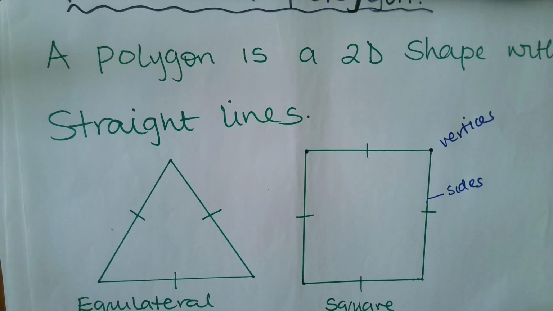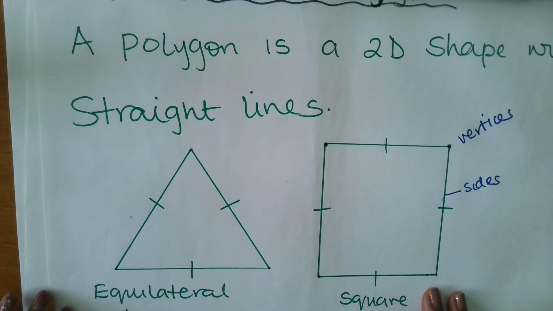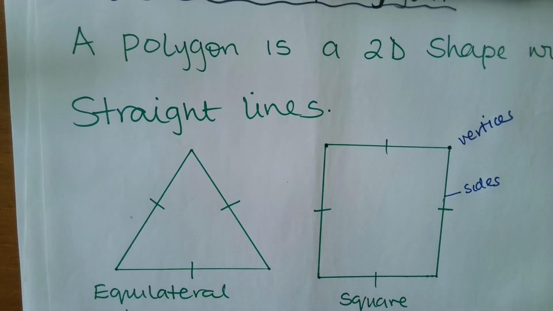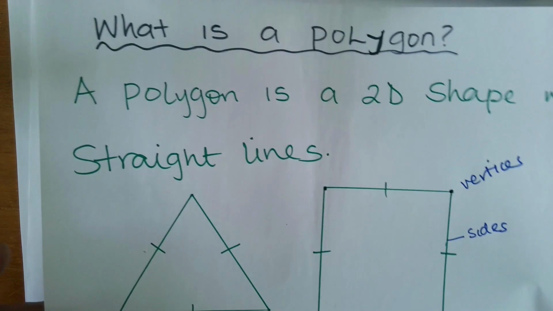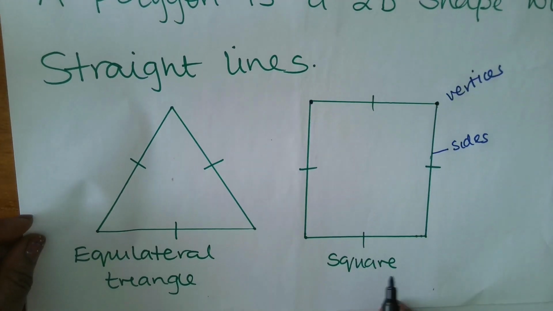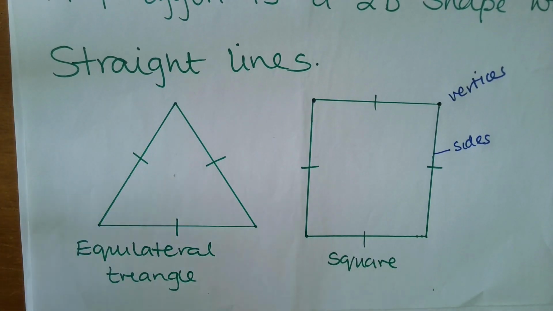So when we look at these two shapes, they're regular polygons. This is called an equilateral triangle, and this one is called a square.